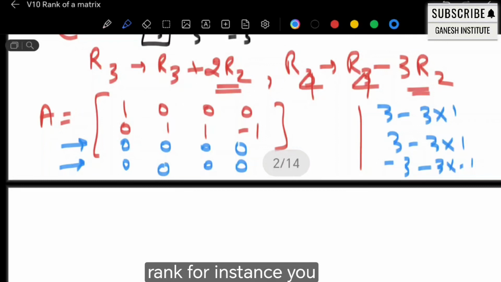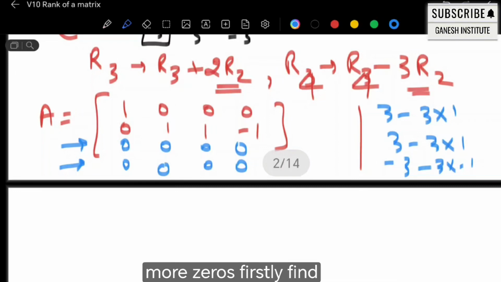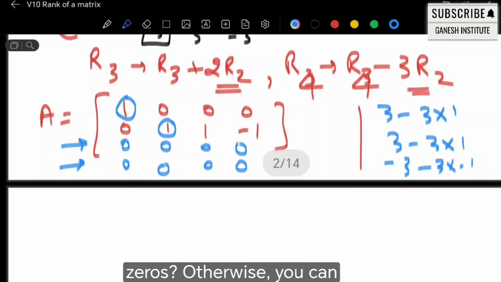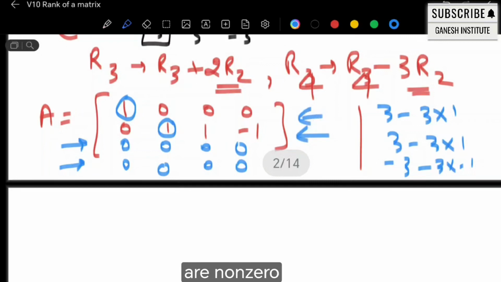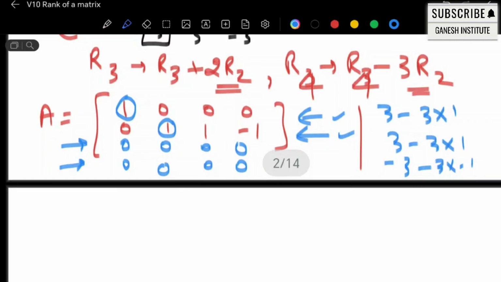For instance, is there any chance that you can create more zeros? Firstly, find out. So this is 1, this is 1. Can you create more zeros? Otherwise, you can simply say these two are non-zero rows. They have some non-zero elements. So number 1, 2. 2 is the rank.